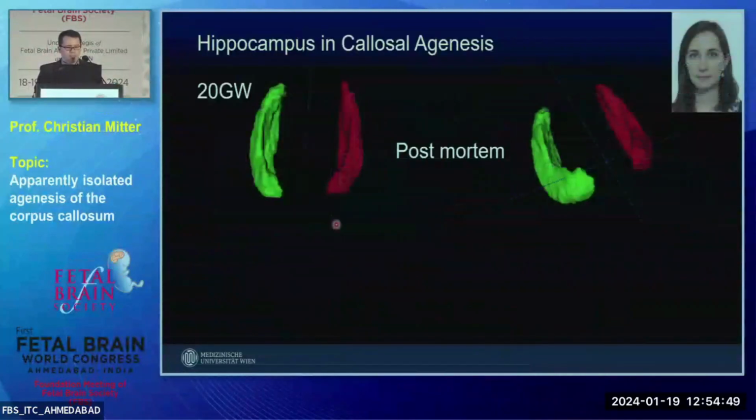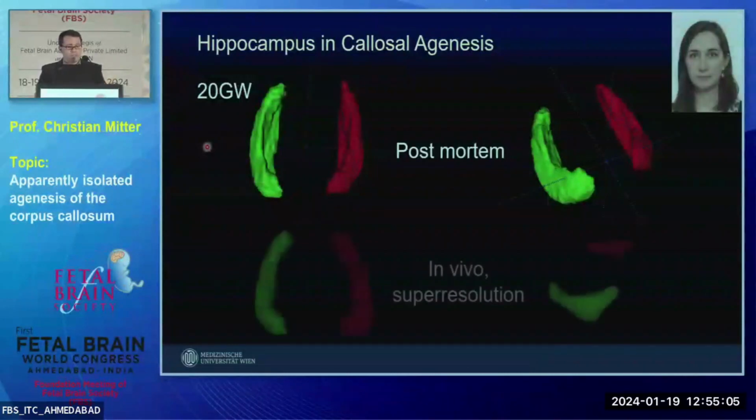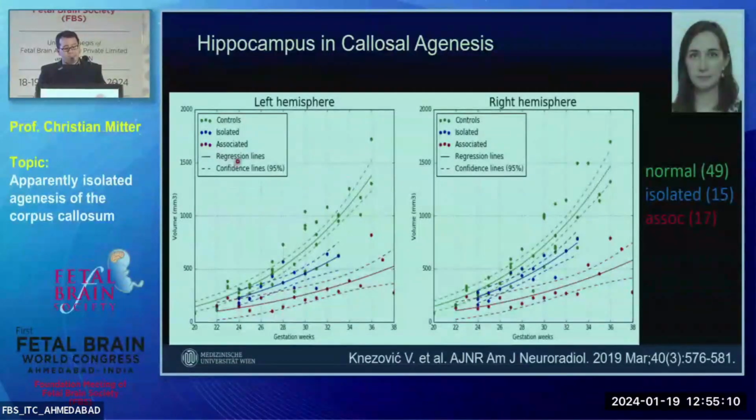This is a study that another co-worker of mine did in collaboration with the Brain Institute in Zagreb. She did a volumetry of the hippocampi in the postmortem brain, on postmortem super resolution MRI, and she found that both in the isolated and the associated corpus callosum cases, there is a reduced volume of the hippocampus.